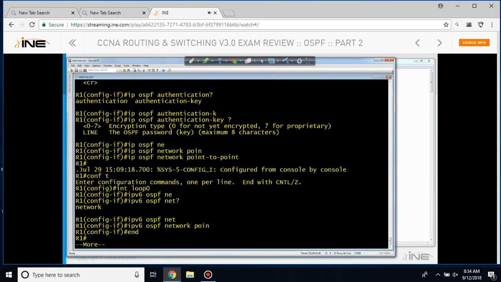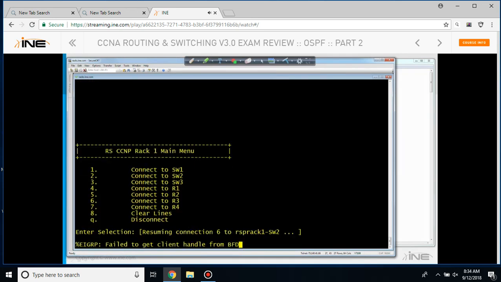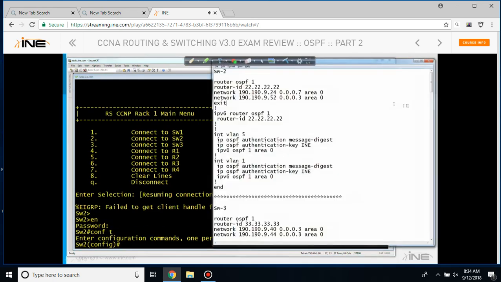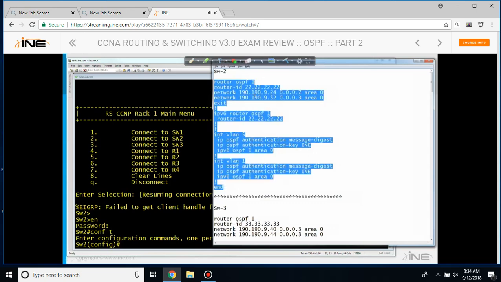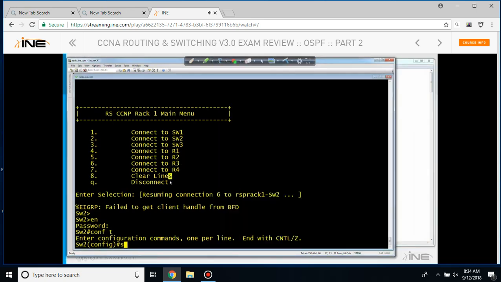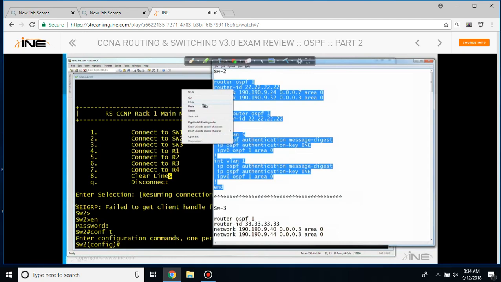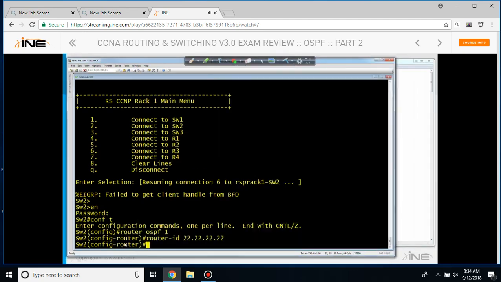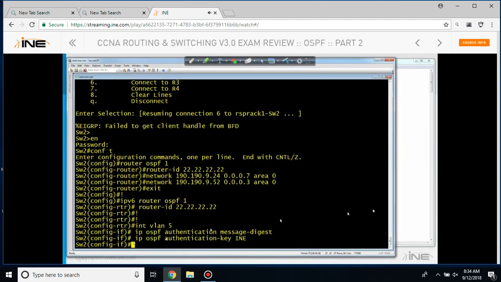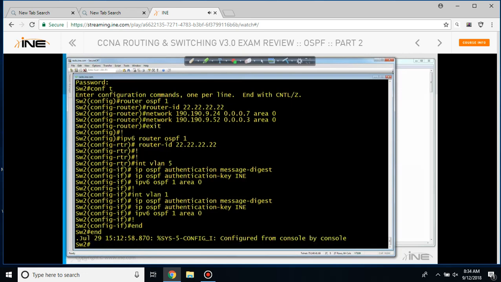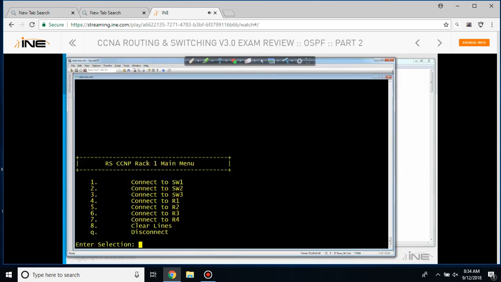All right, starting left to right, let's do switch 2. Oops, that didn't work. Okay, no error messages, good. So that works. Let's go to switch 3.